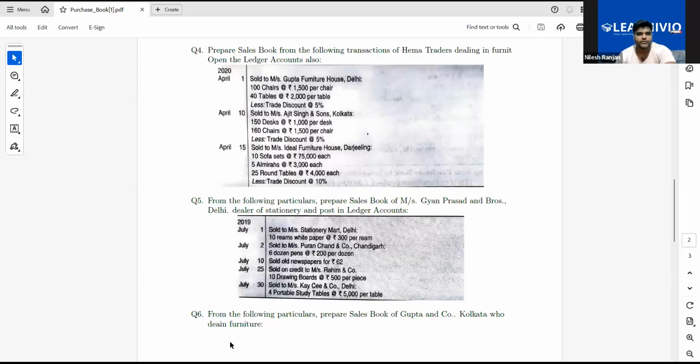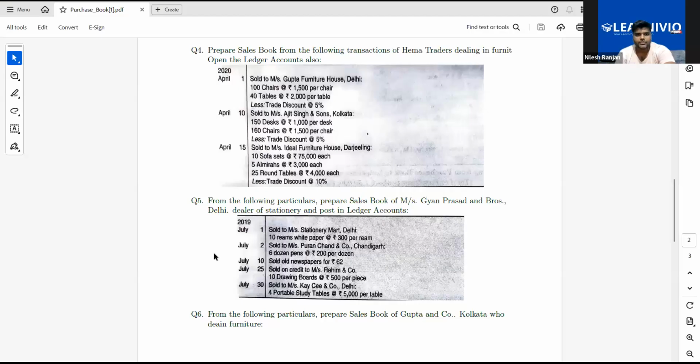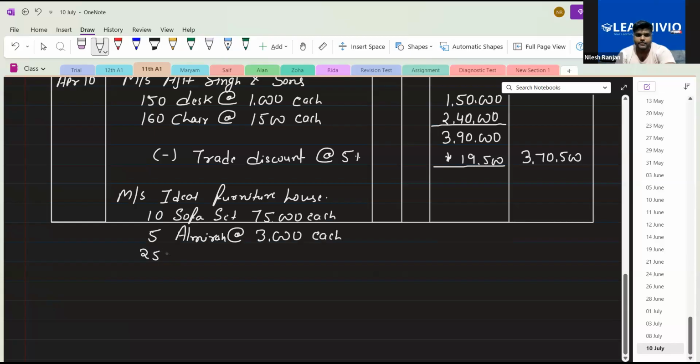Then there is 5 Almira at the rate 3,000 each. And last one is 25 round tables at the rate 4,000 each.